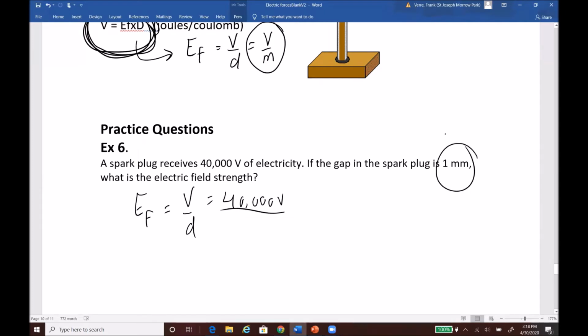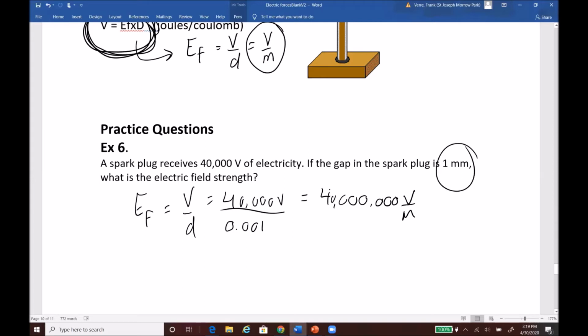Now, 1 millimeter has to be expressed in meters, so that would be 0.001 meters. So that would give you an electric field strength of, is it 4 million? Or is it 40 million? I have to add one more zero, sorry. 40 million volts per meter.